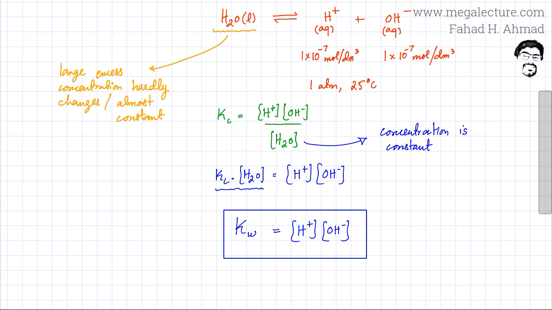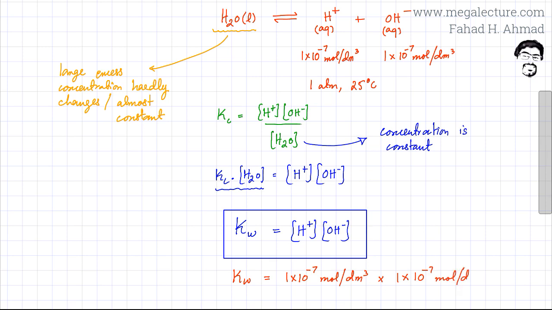So what I'm going to do is now calculate the value of Kw, which is going to be the product of the two. So it's going to be 1 into 10 to the minus 7 mole per decimeter cube multiplied by 1 into 10 to the minus 7 mole per decimeter cube. So it's basically getting squared.